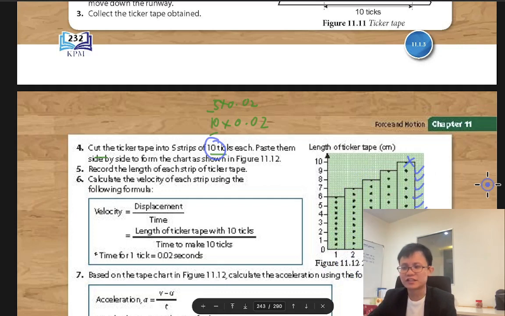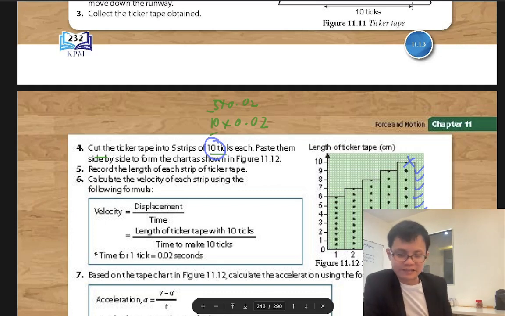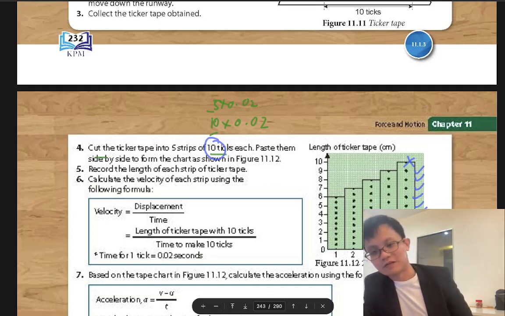It depends on the teacher. If your teacher wants to make a difficult test, he will make it 8 ticks, because something divided by 8 or by 7 is more difficult. So it depends on the teacher, whether the teacher in your school wants to give you an easy or a difficult question.